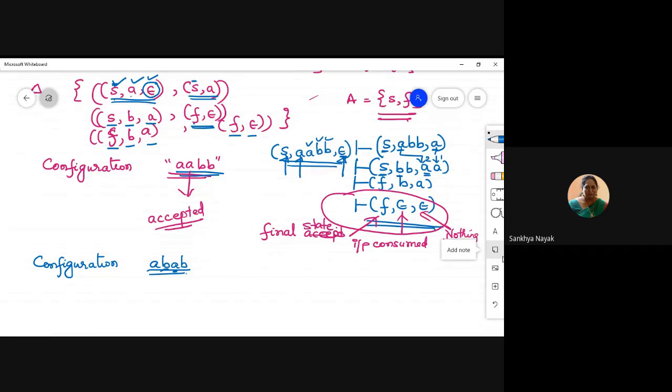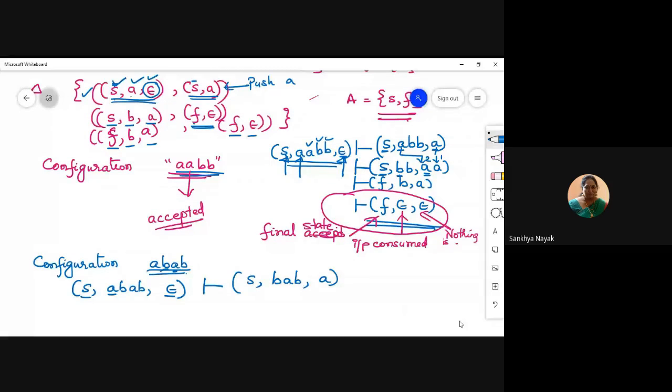So let us see. I am starting from the starting state. My string is ABAB, and nothing is there in the stack. So for S, A, epsilon, I have a transition. It says push A into the stack. So I'll remain in S. I have consumed the first symbol, so I'm left with BAB, and I have pushed A into the stack.